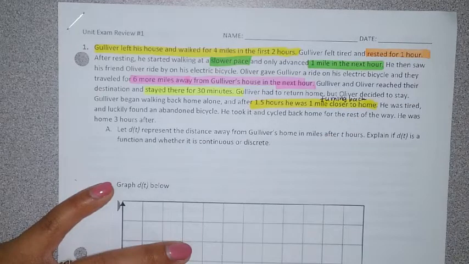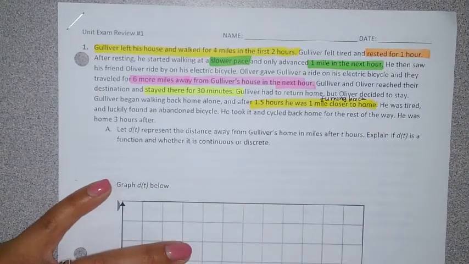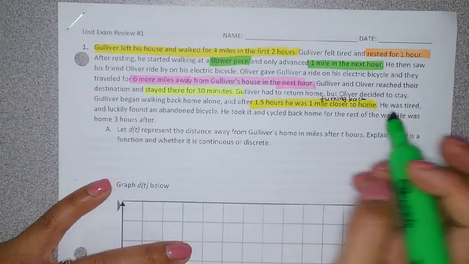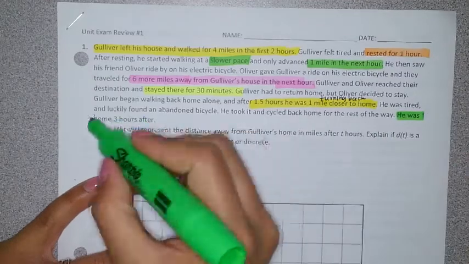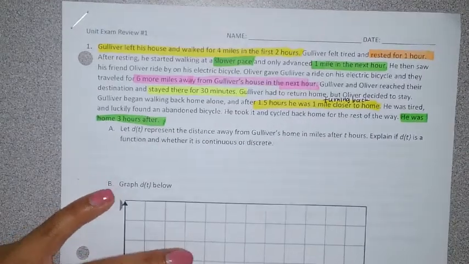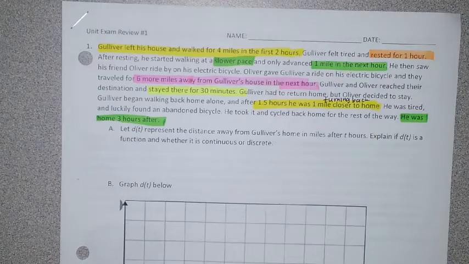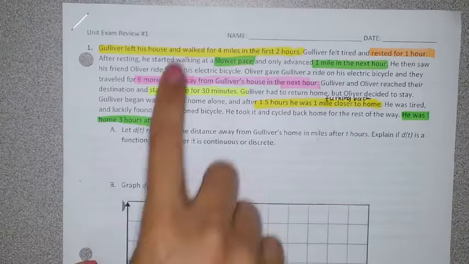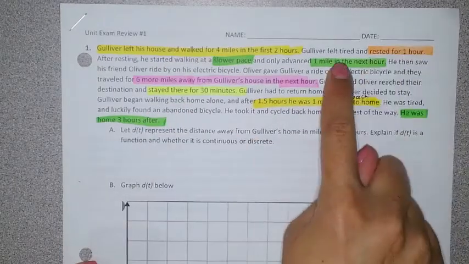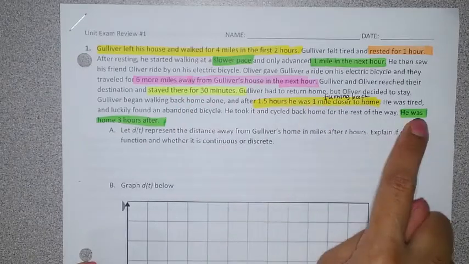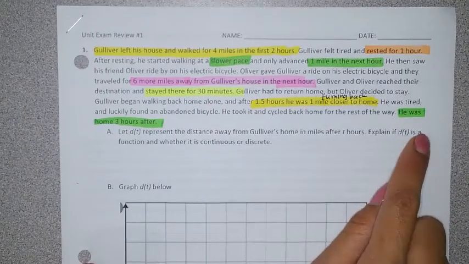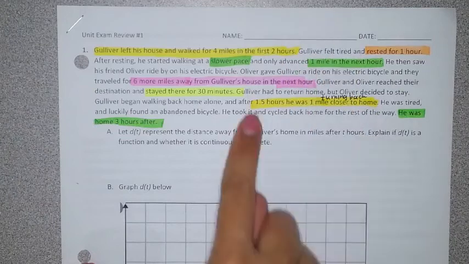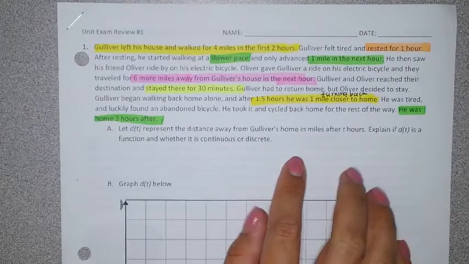And then after that, he cycles back, and he was home in 3 hours. Okay, so all of those are the different time intervals. So you're going to have 1, 2, 3, 4, 5, 6, 7 different pieces of the graph where he's doing different things. Okay, let's go to letter A.